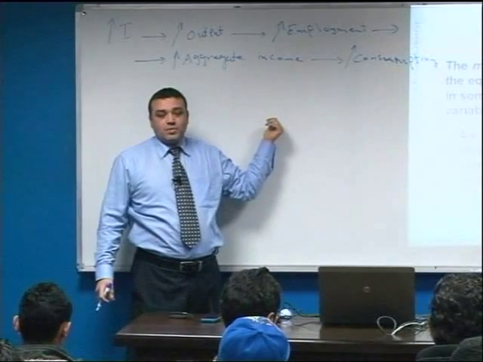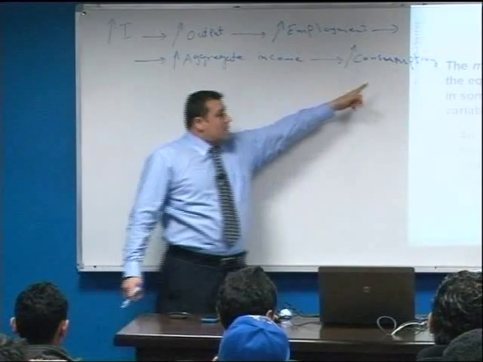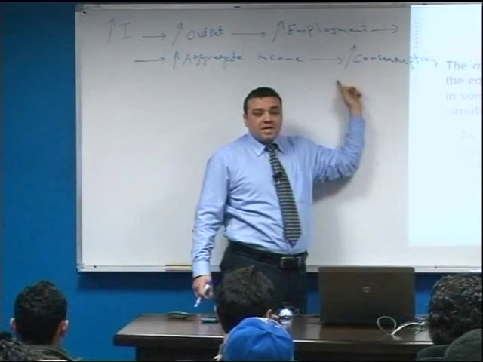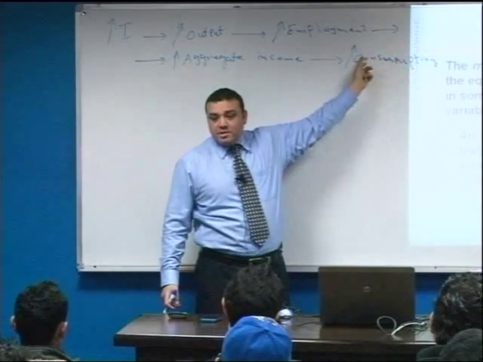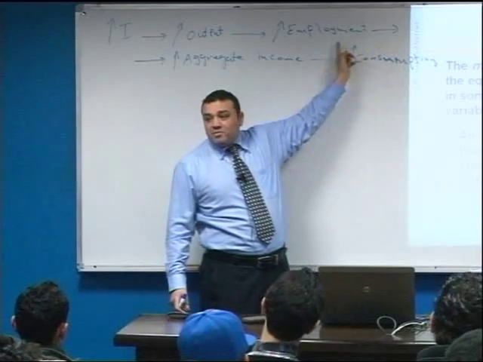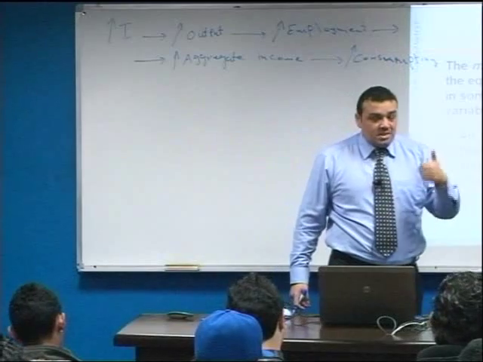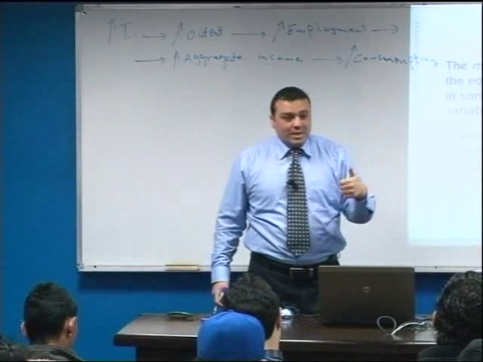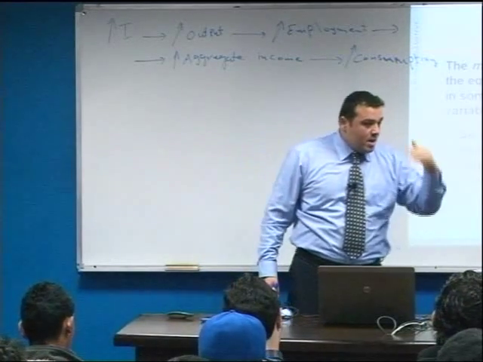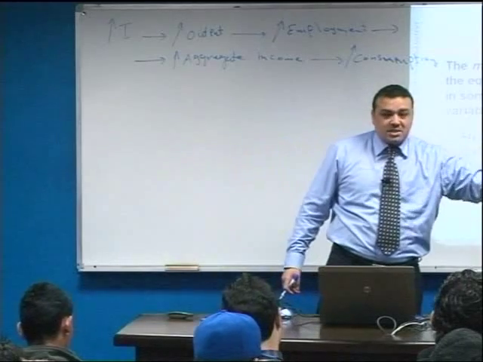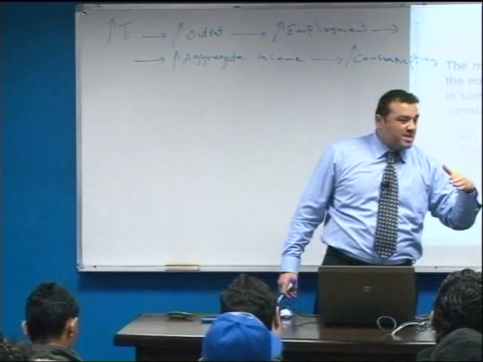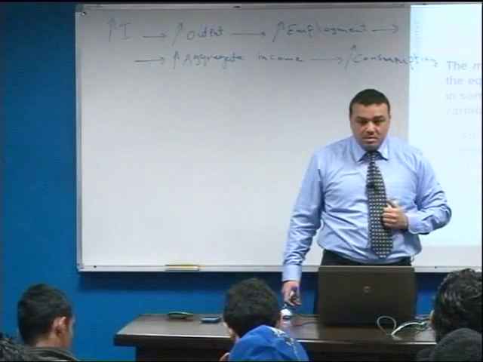And as you know, the increasing of consumption is part of the increasing of income, right? By the MPC. Suppose that MPC equals 70%, and increasing by $100 of income leads to increasing by $70 in consumption, right?